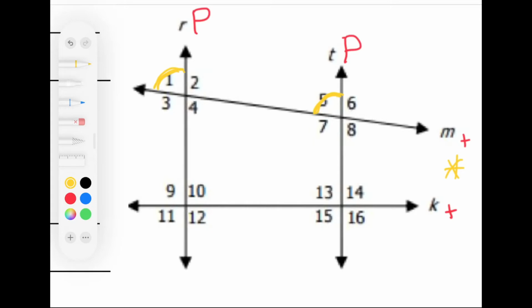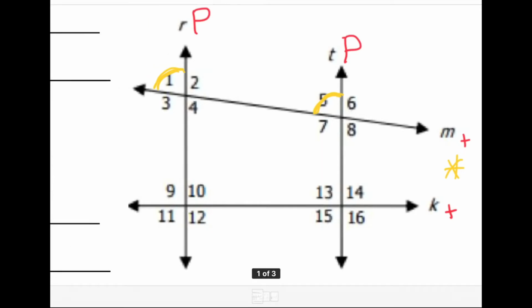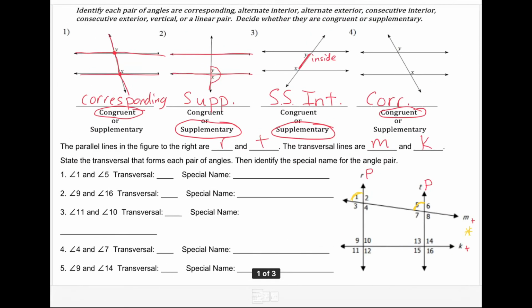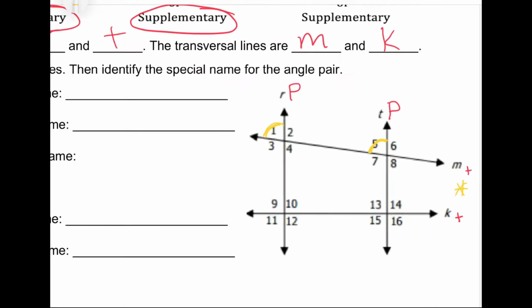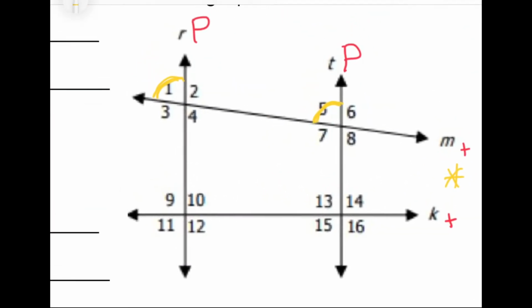We are on transversal M. So for number 1, we're going to come over here and write M. So are these corresponding? Are they vertical angles? Are they alternate interior, alternate exterior? Which of those 6 words are these 2 angles?